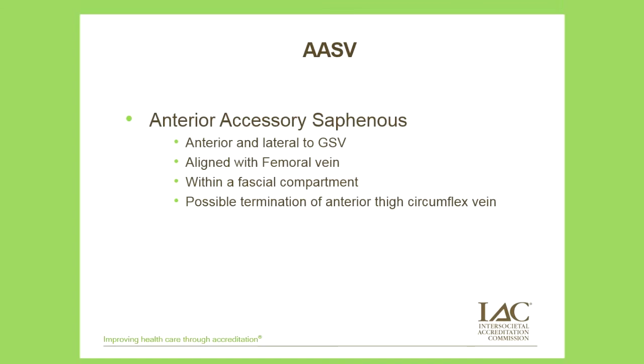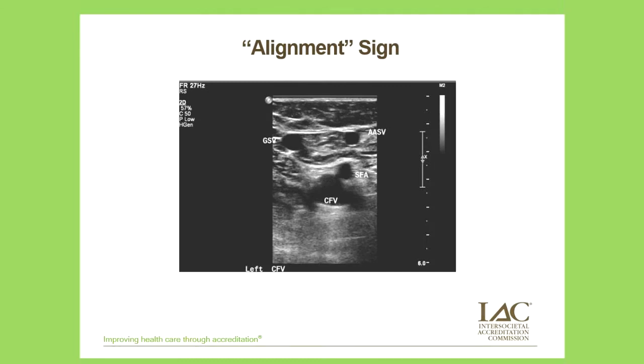One other vein is the accessory saphenous vein. The anterior accessory saphenous vein is anterior and lateral to the GSV, but it always lines up with the femoral vein. And so anytime you are in transverse and you see the deep system below, such as this image, you can see that the GSV moves medial, but the anterior accessory aligns up with the deep.